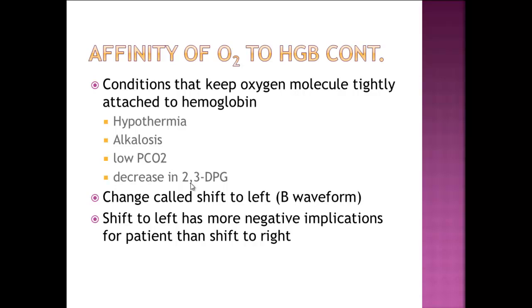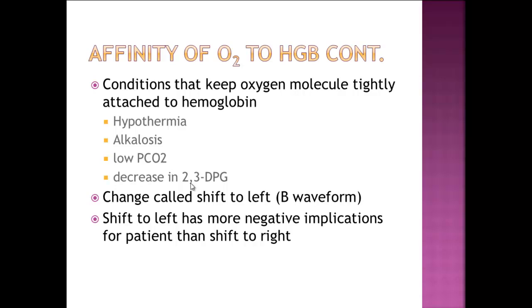Keeping the oxygen molecule too tightly attached to the hemoglobin is called a shift to the left, and that's a B waveform. A shift to the left has more negative implications for the patient than a shift to the right.